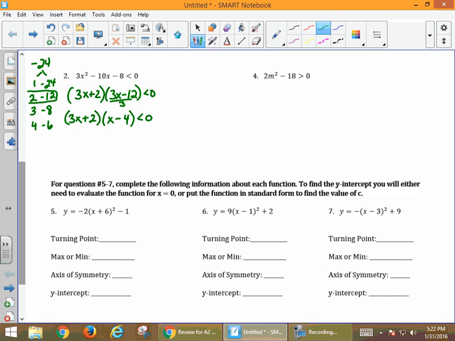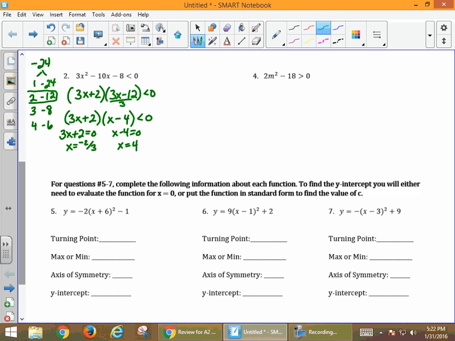Set each one equal to 0. 3x plus 2 equals 0. Subtract 2 and divide by 3. X is negative 2/3. X minus 4 is equal to 0. Add 4 and x is 4.